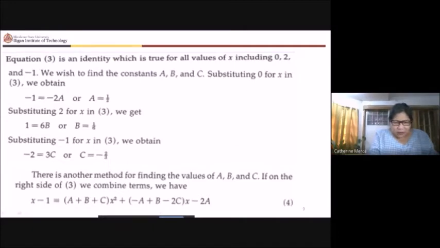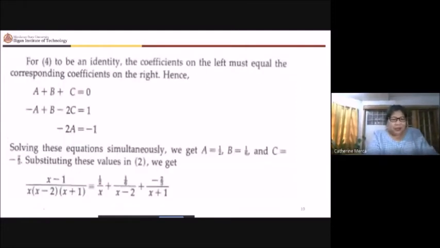So, minus A plus B minus 2C is equal to 1. Kasi then, this one, minus 2A is equal to negative 1. So, pareho pa rin, pero mas mahaba yung solution. Okay, ito. So that, you now have your quantity A plus B plus C equal to 0, yung sinabi ko kanina.